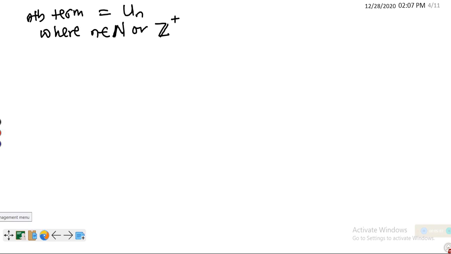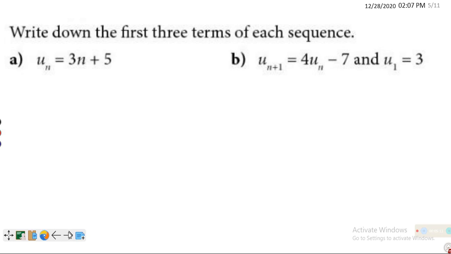Now let us look at the following examples. Example 1. Write down the first 3 terms of each of these sequences.